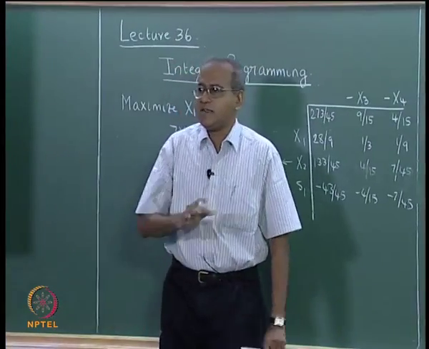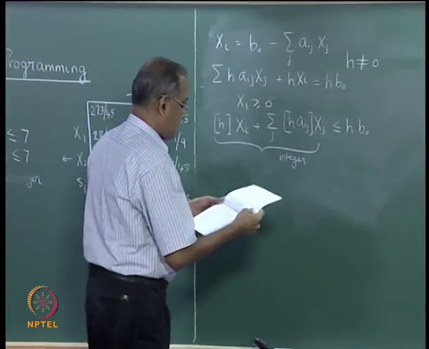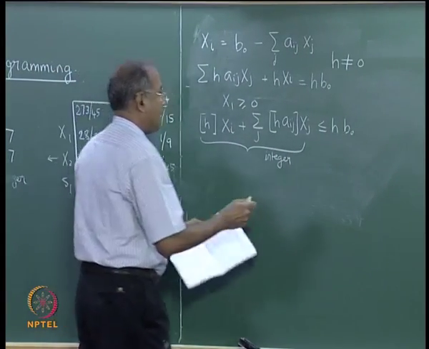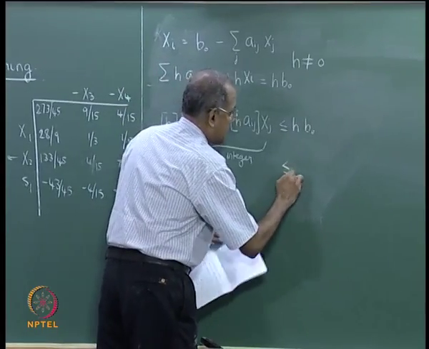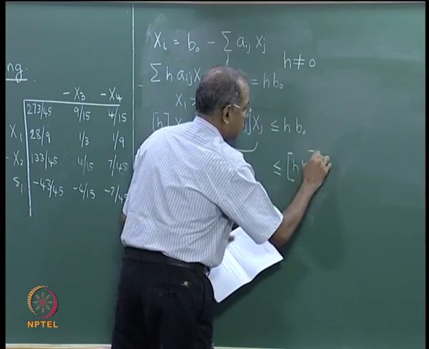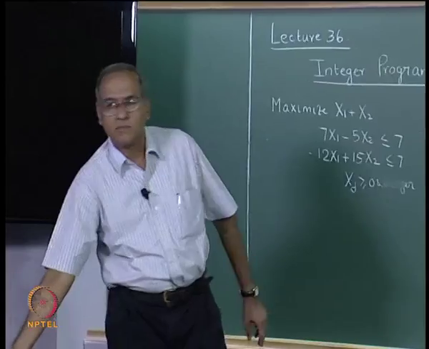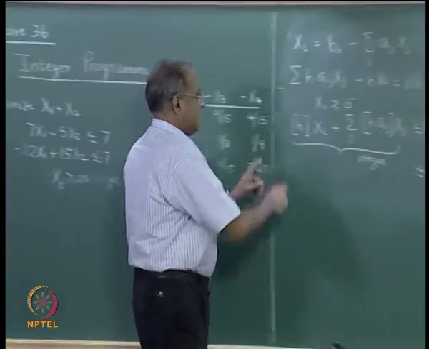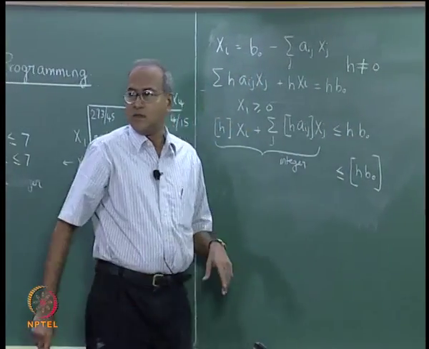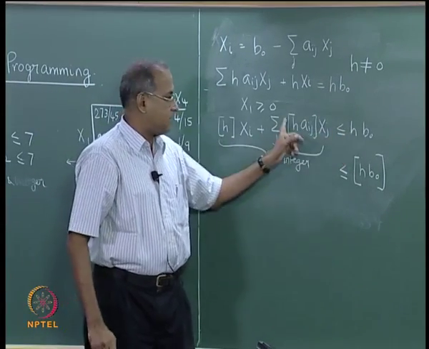So the left hand side is an integer, and therefore this has to be less than or equal to the lower integer value of h into b0. This already holds, so all you do is take a lower integer value of this, therefore this will also hold.